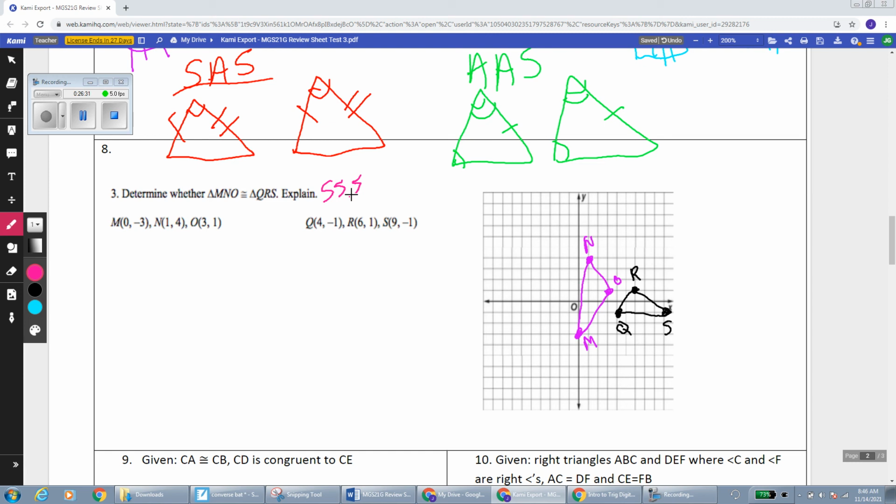So remember, SSS means three pairs of congruent corresponding sides. So if the triangles are congruent, if we find the length of each of the corresponding sides of the two triangles, they should all be the same. So that means that if we do the distance formula 6 times, 3 times for all 3 sides of the purple triangle, and 3 times for all 3 sides of the black triangle, we should get the same measurements for each pair of corresponding sides between the two triangles.